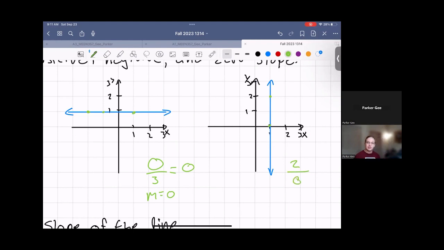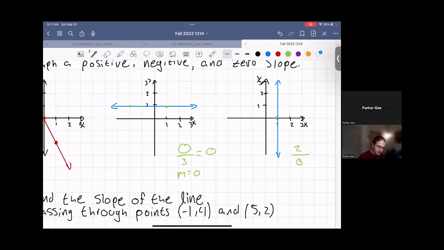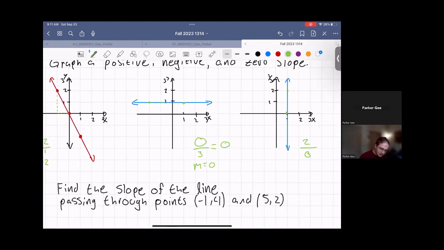So that's dividing by 0. That's why we get an undefined slope, or just one that's straight up and down, because we're dividing by 0. So this is slope of 0, and then this one is undefined, right?